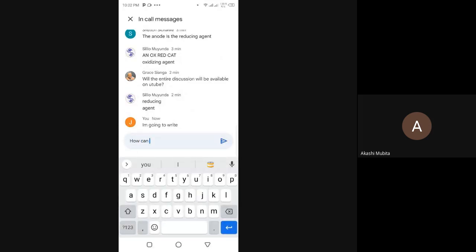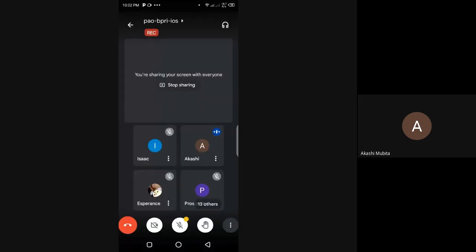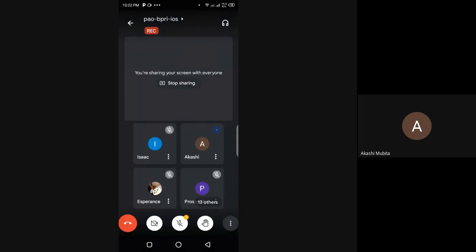Oh, you are typing. How can I share my screen? Okay. Do you have a board? Here on the bottom, we've got this red button for exit. You've got the camera, you've got the mic. Now go to the far end where you have 3 dots.